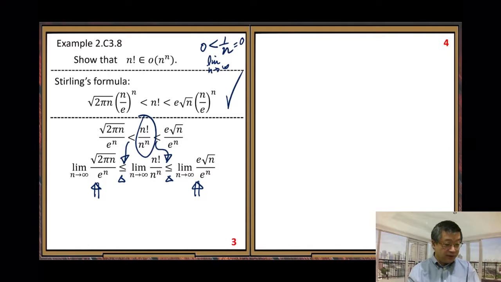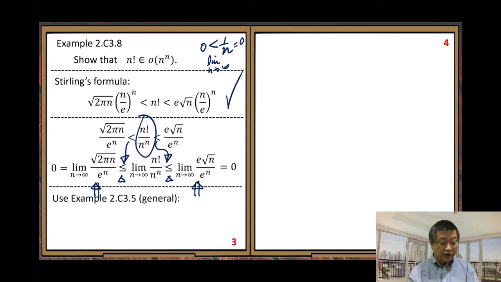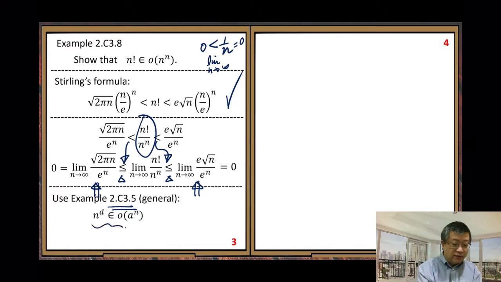Based on that result, both limits are 0. Let me give you the reference: it is our example question number 5. Look at that example, and we just use d equals 1/2.